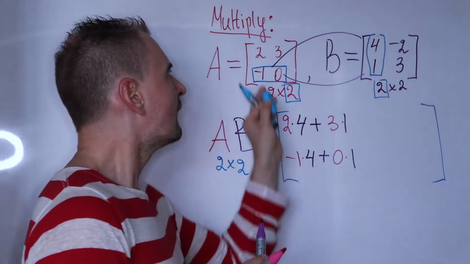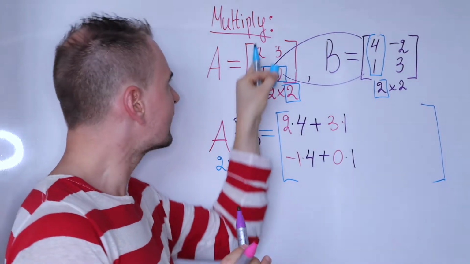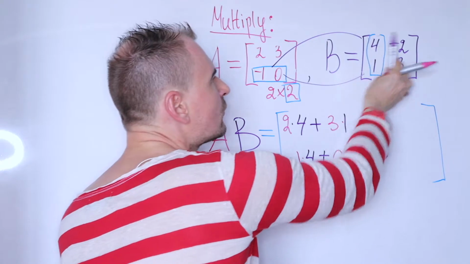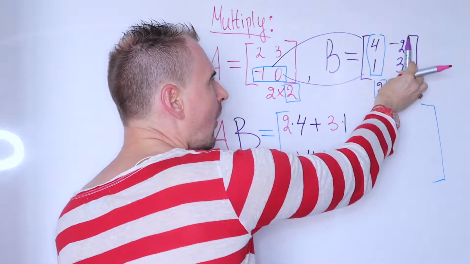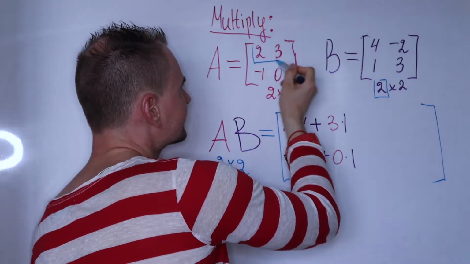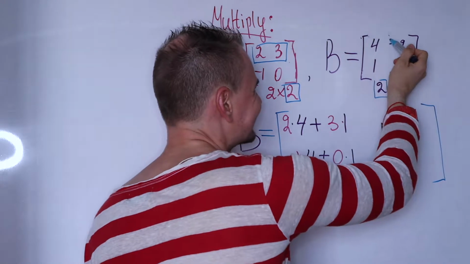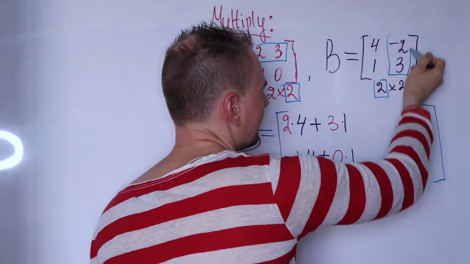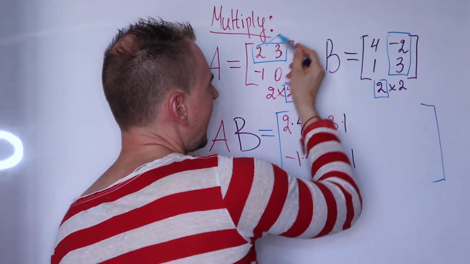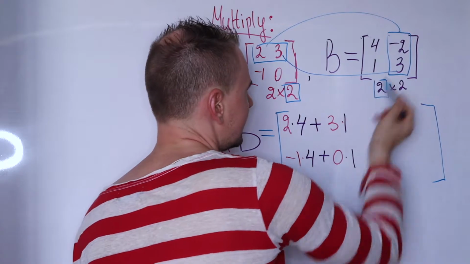Now, we're going to proceed with the same process with the same matrix A, but we're going to move to the second column in the matrix B. We're going to take the first row and multiply the first row by the second column. So we're multiplying 2 by this -2 and 3 by this 3.